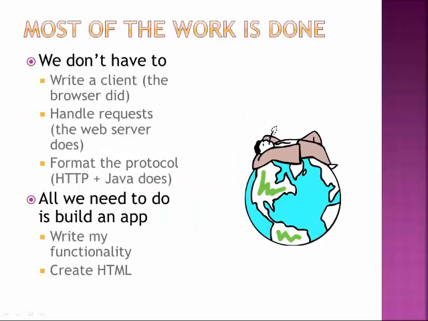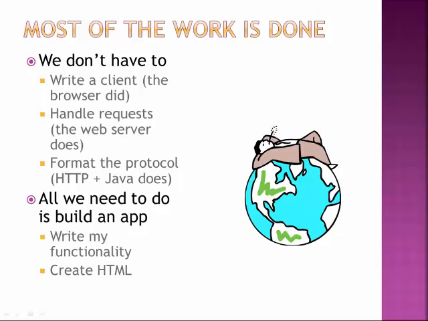So most of the work we need to do is actually done for us through all of this general setup. We don't need to write a client here. The browser's already done that. They use Firefox, or Internet Explorer, or Chrome, or Safari. They can use that in order to go and access the information on the website. So we don't need to handle the requests.